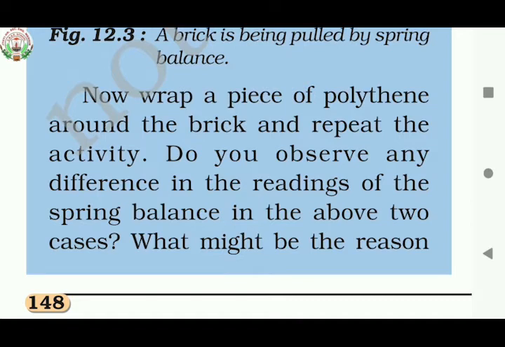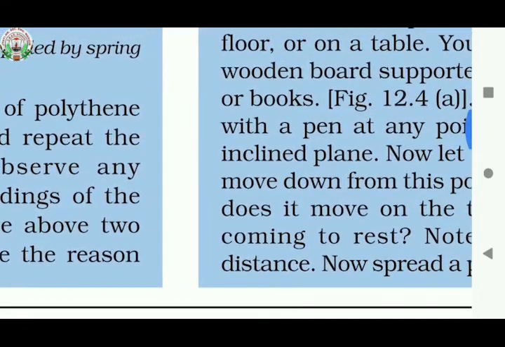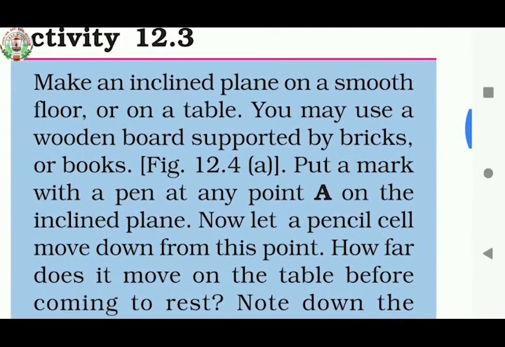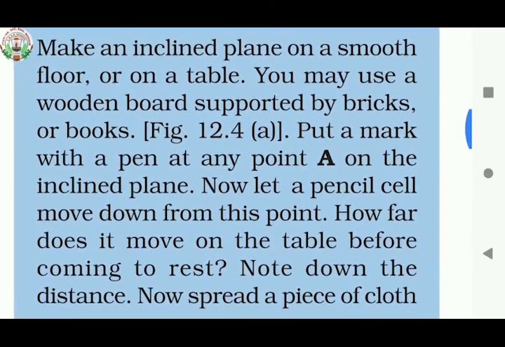We'll do another activity. That is activity number 3 in your textbook. Make an inclined plane on a smooth floor or on a table. You may use a wooden board supported by bricks or books, as shown in figure number 4 in your textbook.